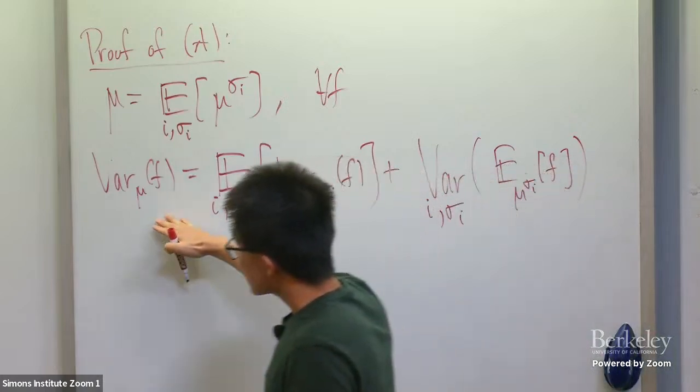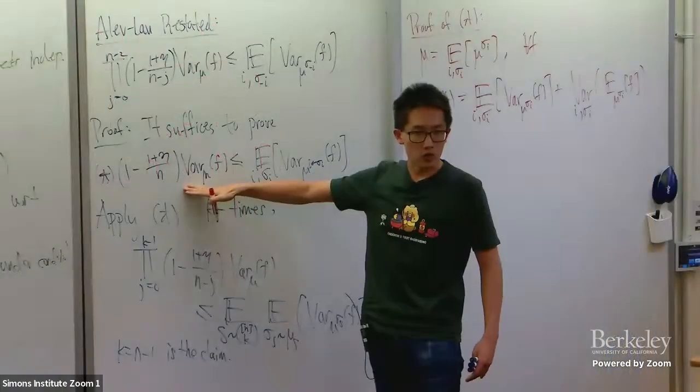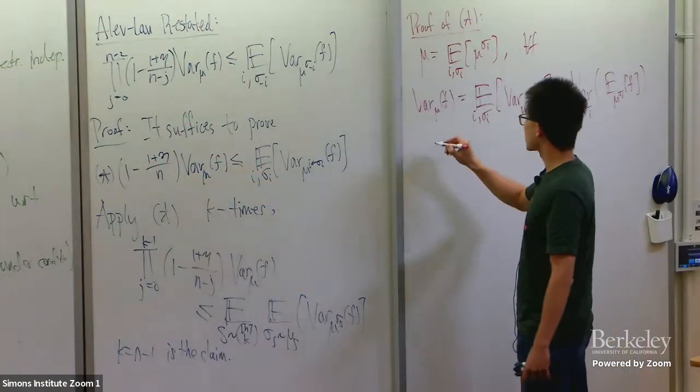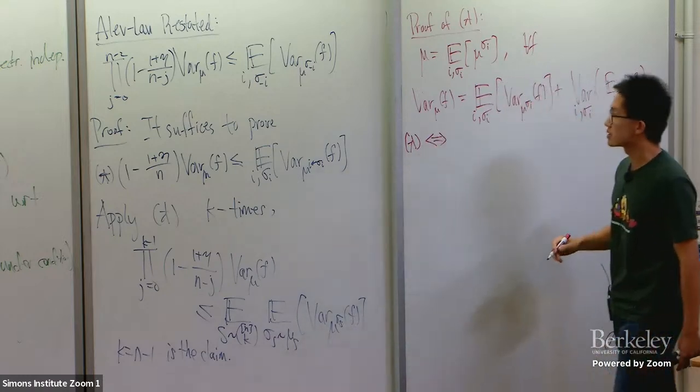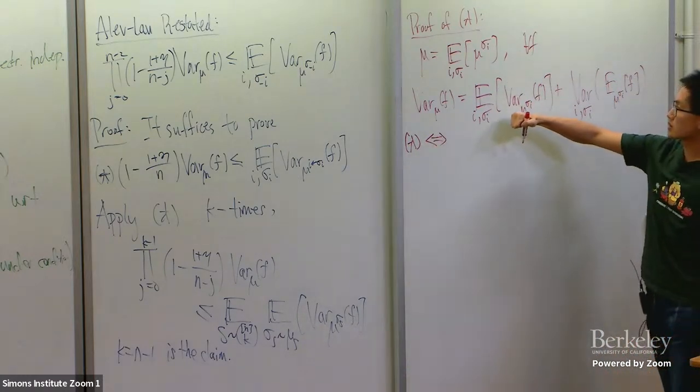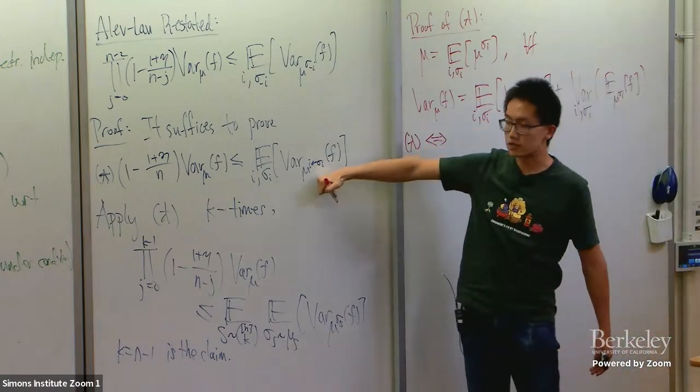I can look at this thing and compare it with what I want from star. When I rewrite star, it's really the same thing. It's equivalent to saying that basically this thing is exactly what I have on the right-hand side here.